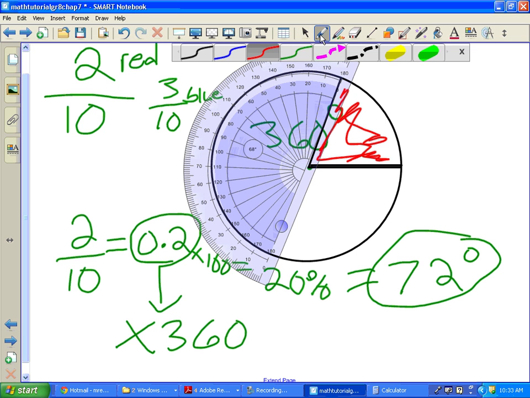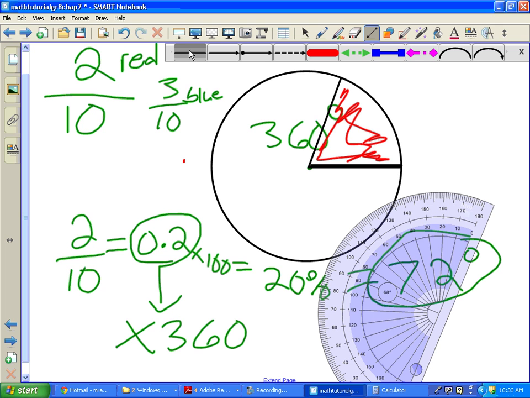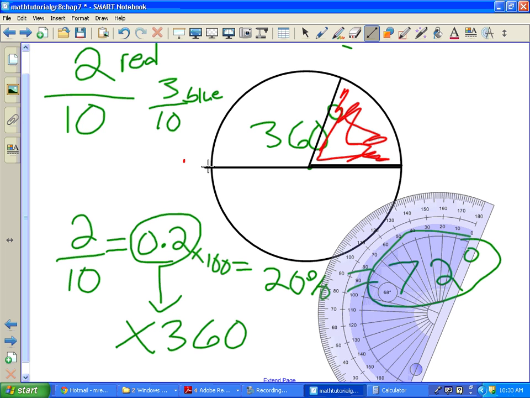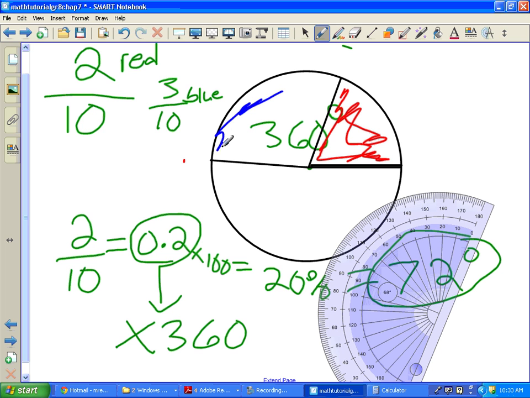And I go all the way over to 108 degrees, which is about right there. I'll move him out of the way, make my line. So 108 degrees would be about right there. So this right here is 108 degrees, and it was blue.